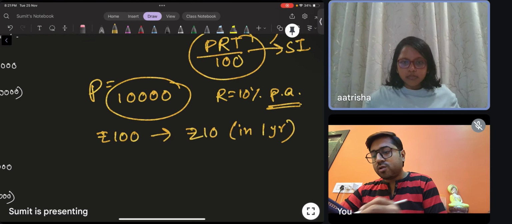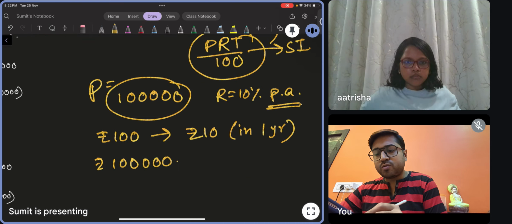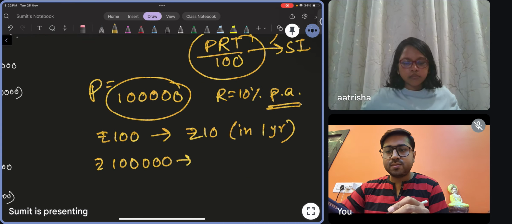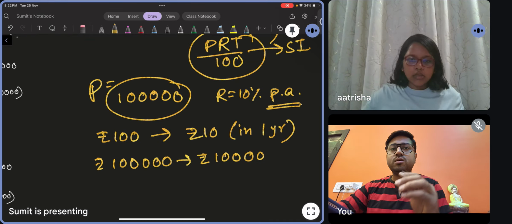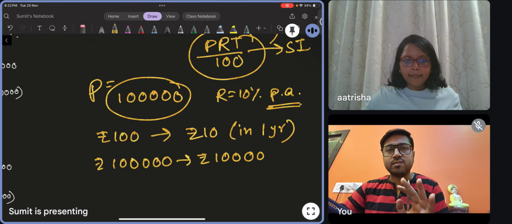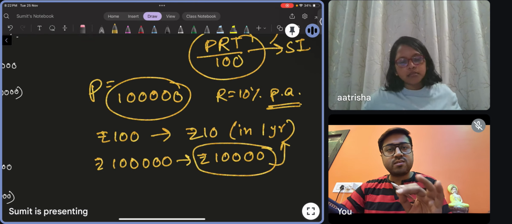Correct? So for rupees 1 lakh, how much will you pay? It will be rupees 10,000. It is the normal unitary method. If you calculate, you will get it. So rupees 10,000 you are paying in 1 year, correct?